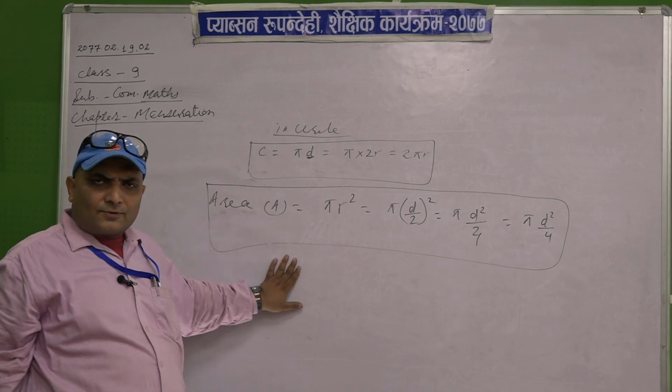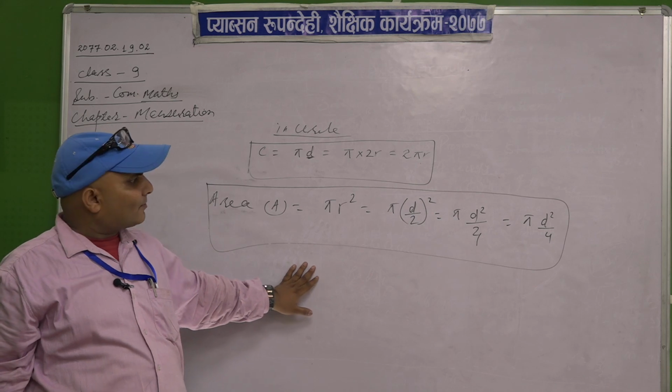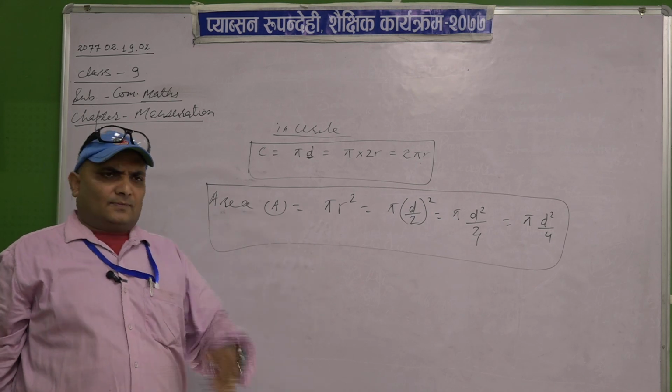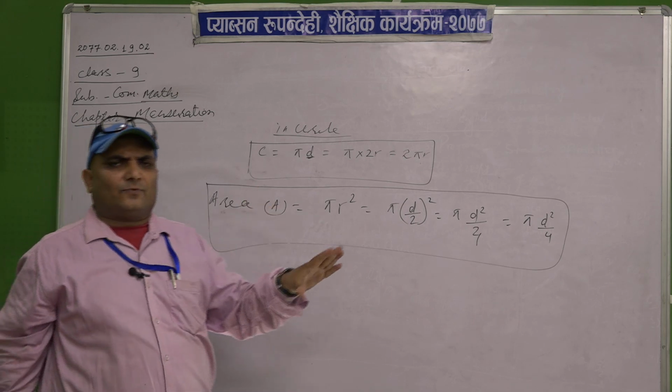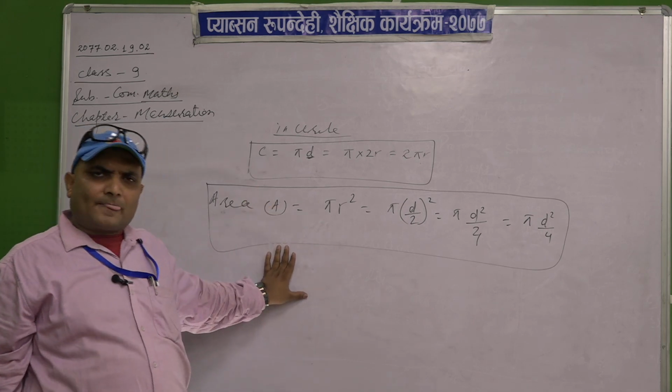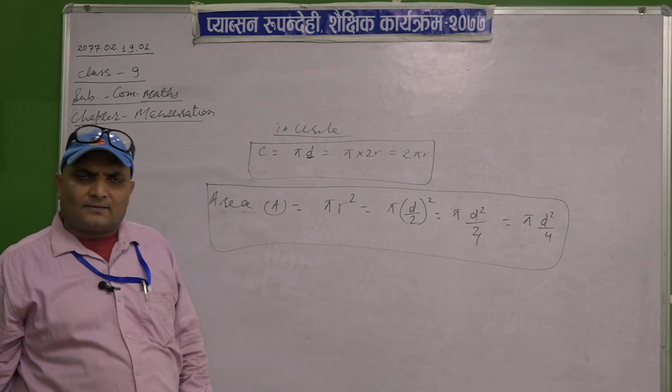So, this is all for today, students. From tomorrow we will do some numerical problems. And what is your homework? Don't call it homework, you only revise what we have discussed today by watching YouTube.